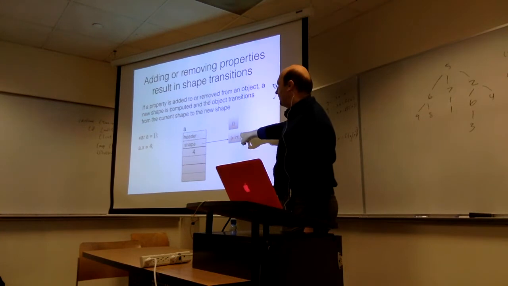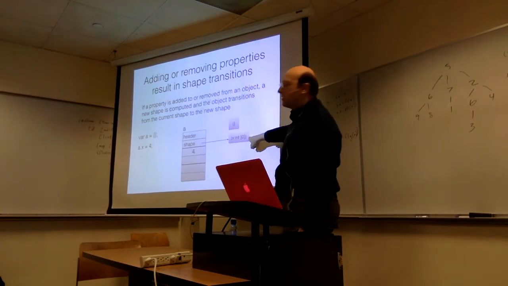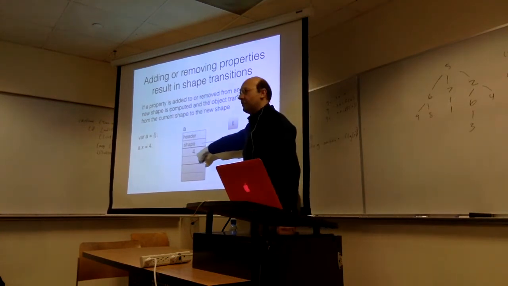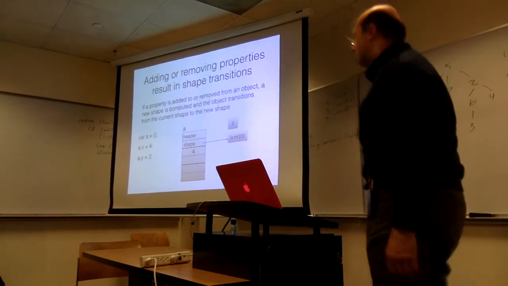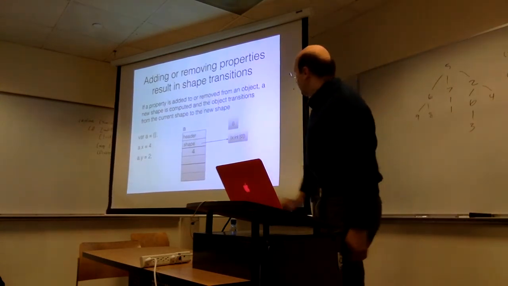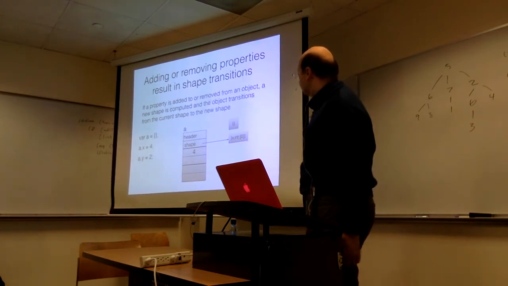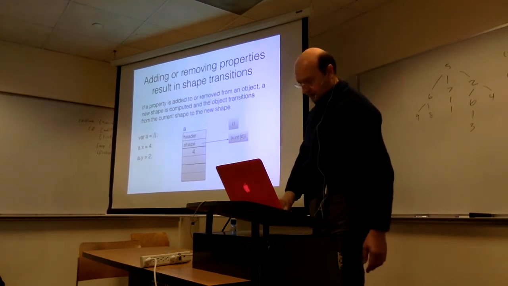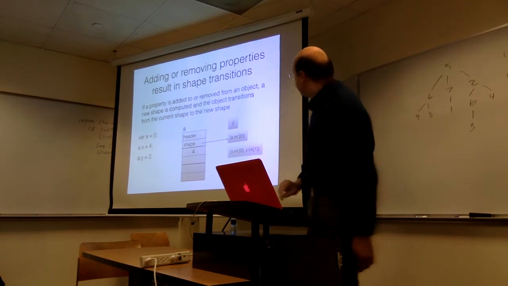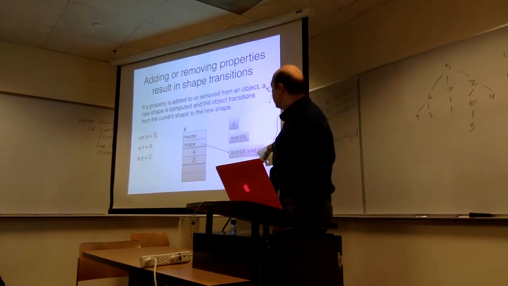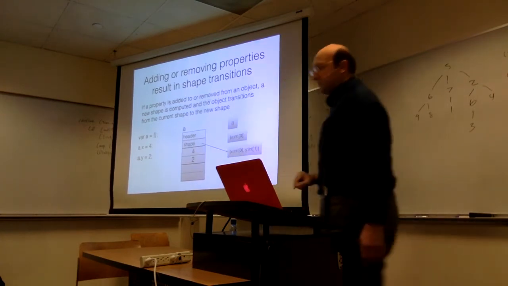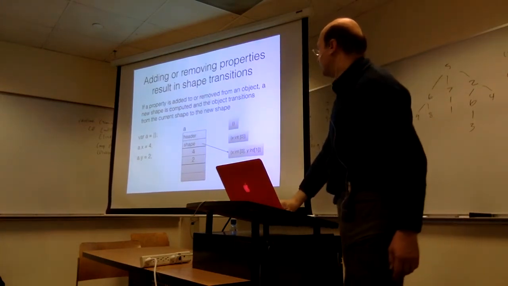Now, obviously, when you want to look up an X, you have all the information you need in the shape to find which slot in the underlying storage you could find it. If you now add another slot, a new shape is generated that contains the extra description, and the object is modified in the appropriate way.